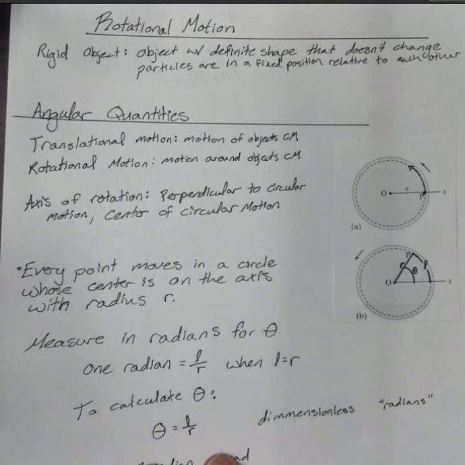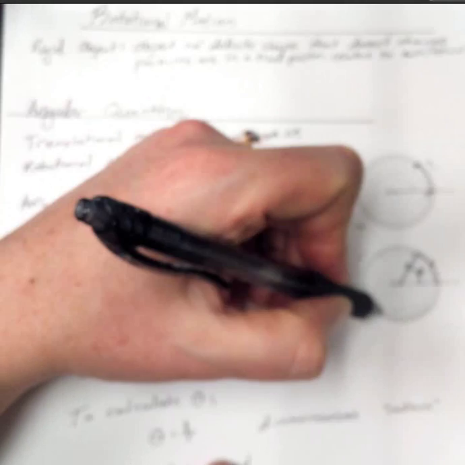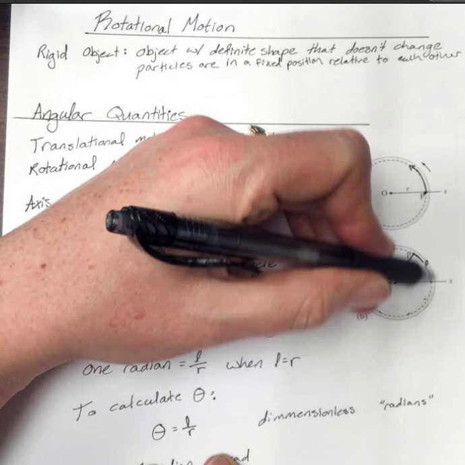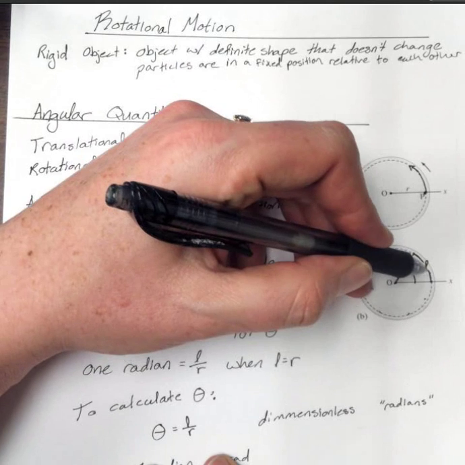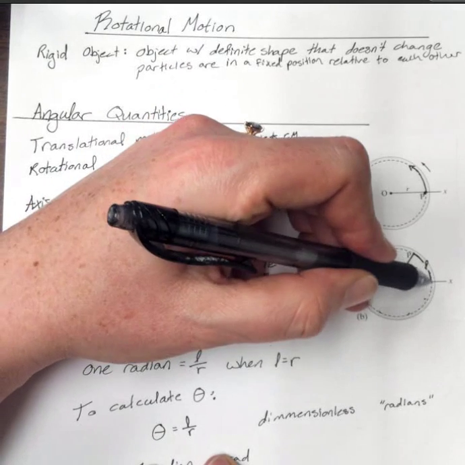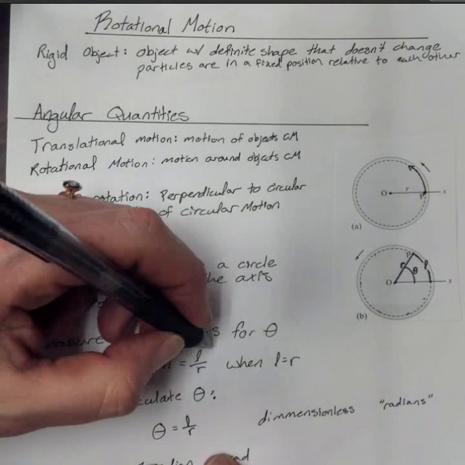And so that theta is how we're going to measure how far an object moves around a circle, because it can do 360 degrees, it can do 720 degrees, and so on and so forth. But we're not going to be using degrees. Instead, we're going to be using radians.